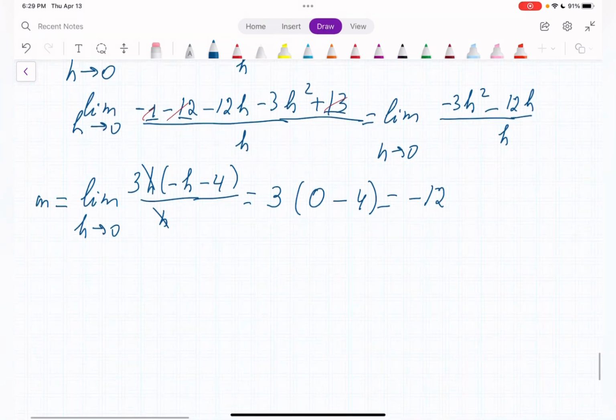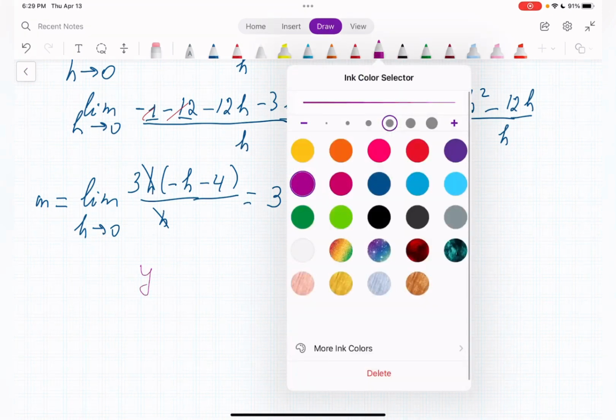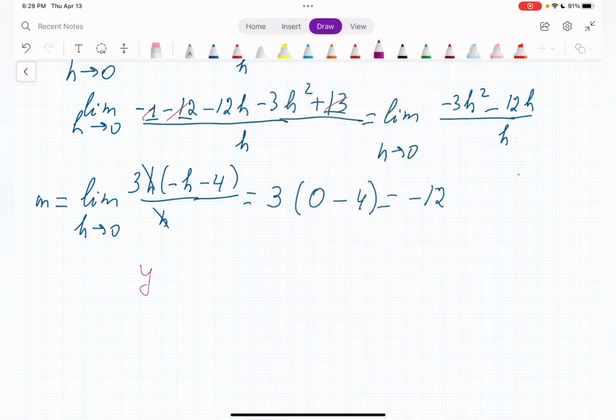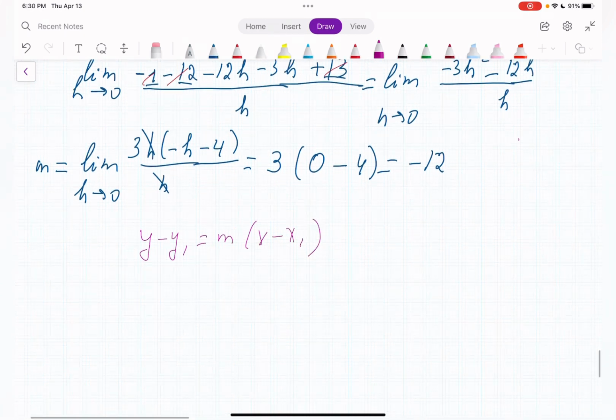Okay, so next what we are doing, remember, we are going to do y minus y1 equal m times x minus x1. Why this one? It comes again from the formula for m slope, y minus y1 over x minus x1.